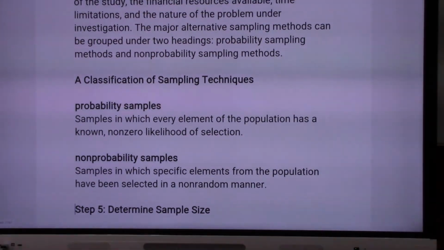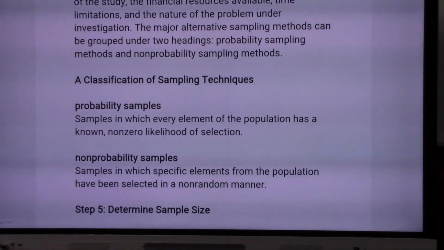What is meant by probability samples? It means samples in which every element in the population has a known non-zero likelihood of selection. In other words, it can be defined as a sample in which every element of the population has an equal chance of being selected.